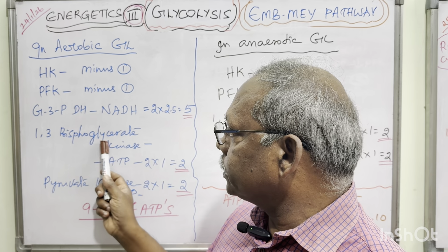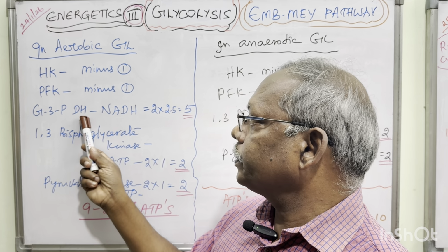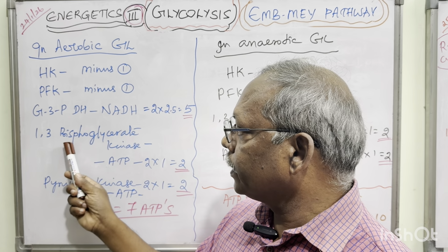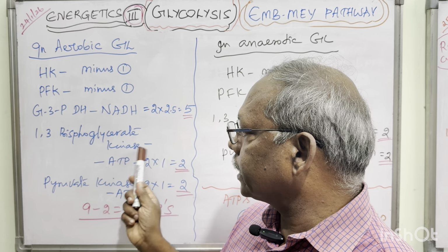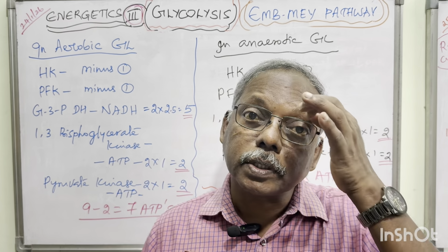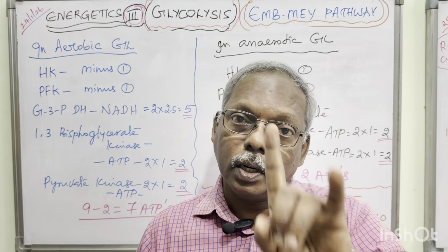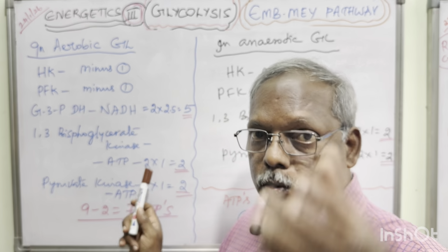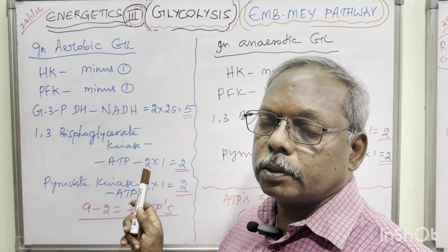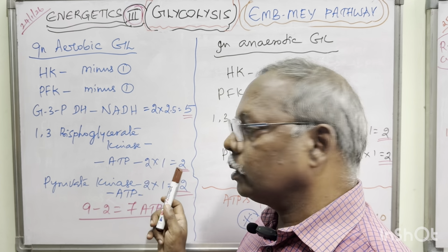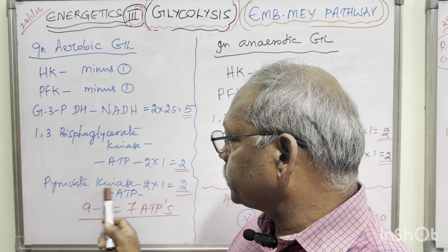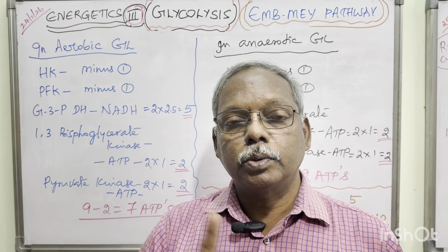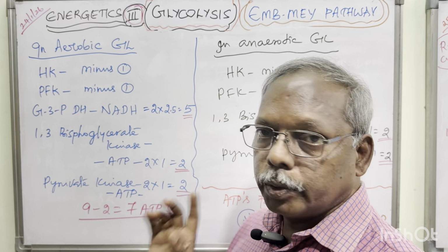Next is 1,3-bisphosphoglycerate. This is actually the glyceraldehyde 3-phosphate dehydrogenase enzyme that produces NADH molecules. Next is phosphoglycerate kinase, that is also giving one direct ATP, only one. The 2 pathways give 2 ATPs, 2 into 1, 2 ATPs. Next one is pyruvate kinase, this also directly produces 1 ATP, so 2 into 1, 2 ATPs.